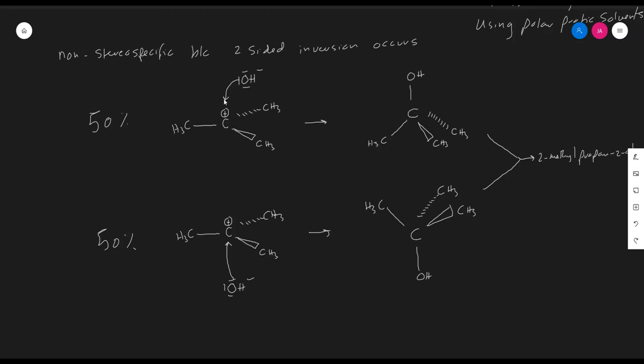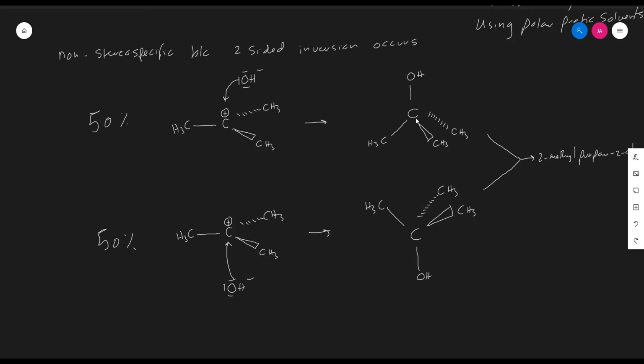If it approaches from the top of the plane, it would invert or repel these bonds downwards, thus the inversion would be downwards. If the approach was from the bottom side of the plane, then it would repel these bonds upwards and invert these bonds with the methyl group upwards.